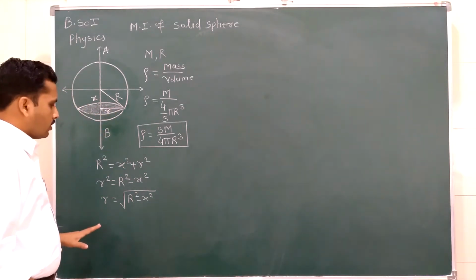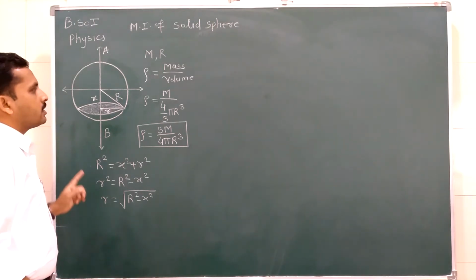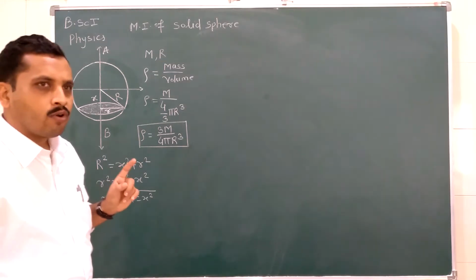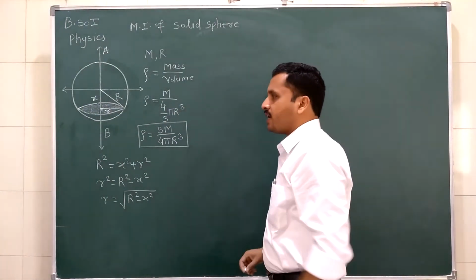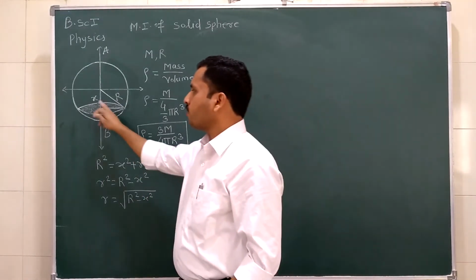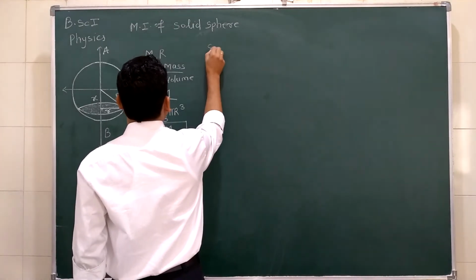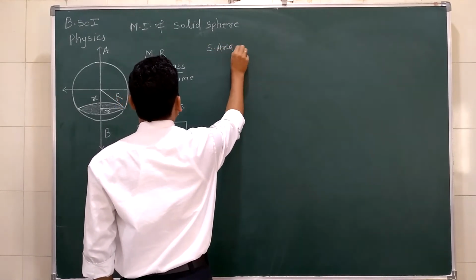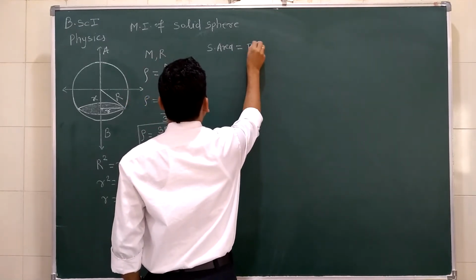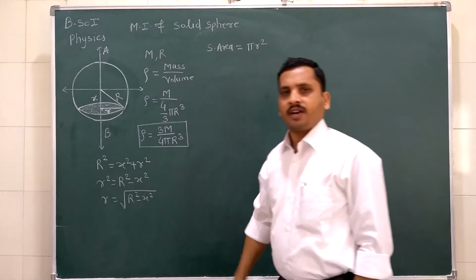Now we are going to find the moment of inertia, and for that we need the mass and the volume. What is the surface area of this disc, and how is the area calculated? The area of this disc is equal to pi multiplied by r square, where r is the radius.